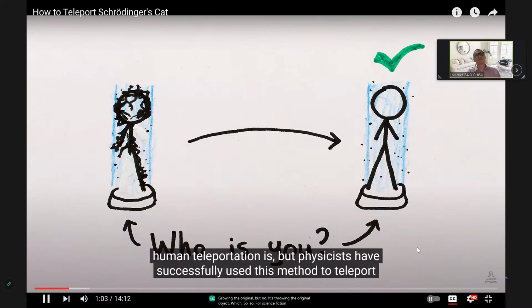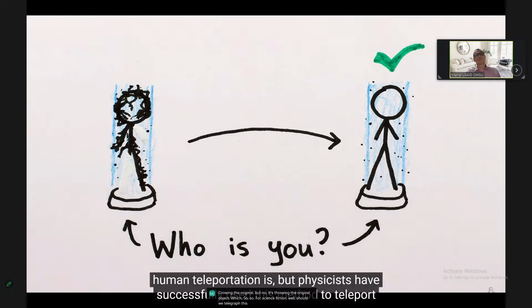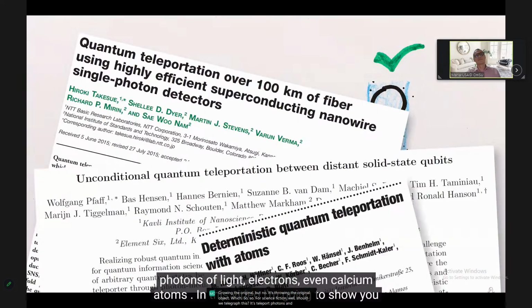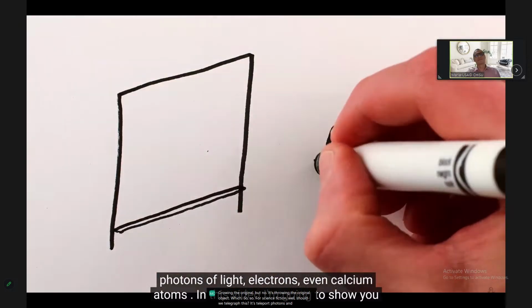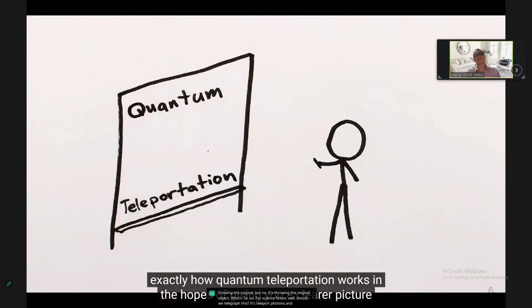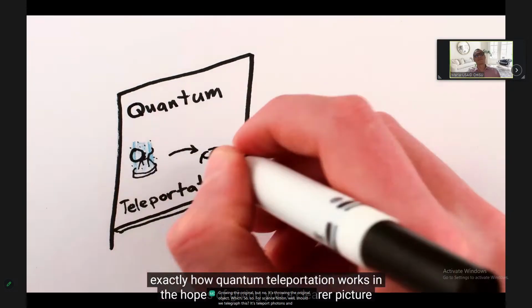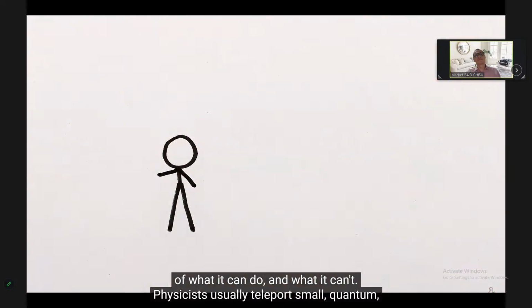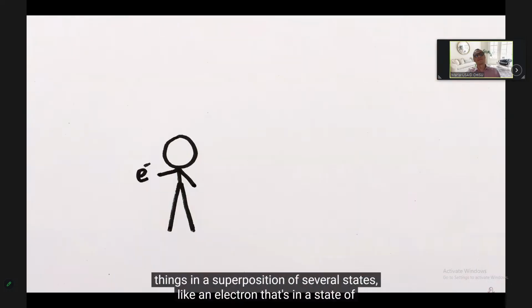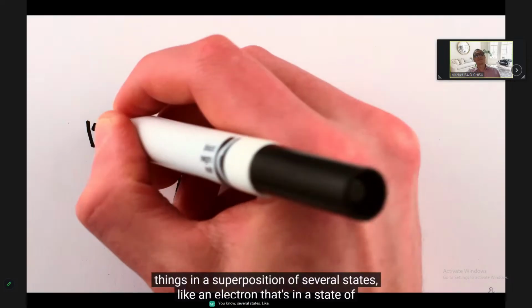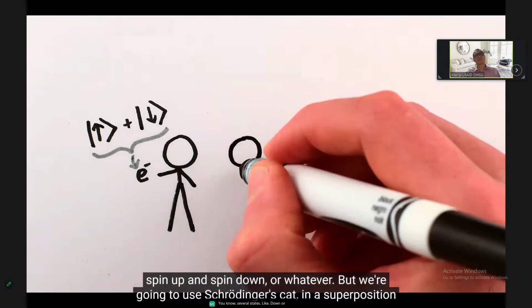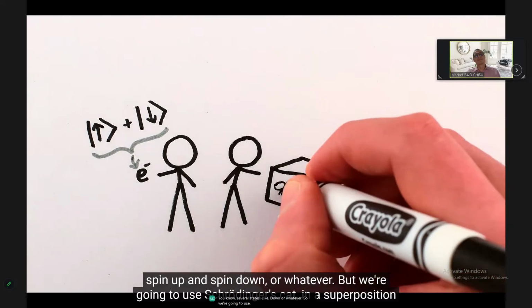Science fiction. Well, human elements. Something over photons and states. We're going to use Schrodinger.